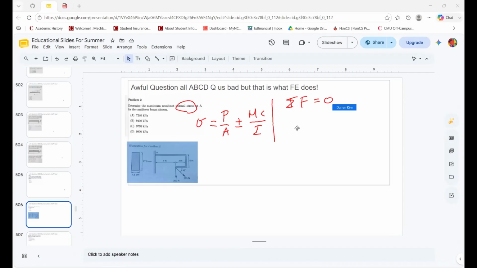AX is positive, which is a decision I made for now, and it's going to be plus 225 cosine 45. Obviously the direction is wrong, but AX equals whatever this is. Grab your calculator and get 225 cosine 45, about 159 is kind of where I got.